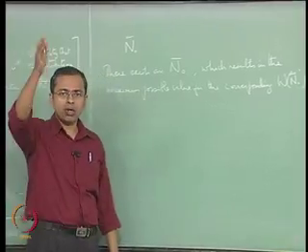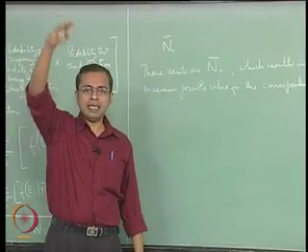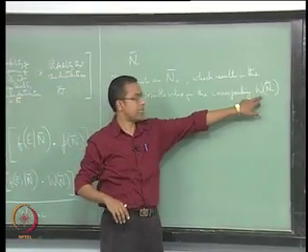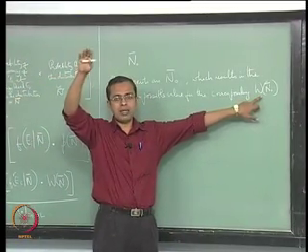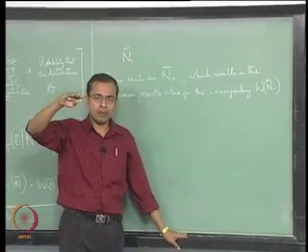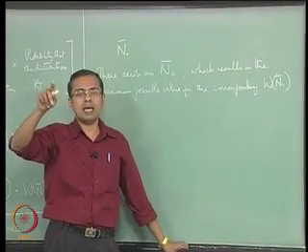So you take all possible distributions and arrange them in decreasing order of occurrence. The maximum occurring distribution is on top, W n bar naught. Let us say the next most occurring distribution is n bar 1.